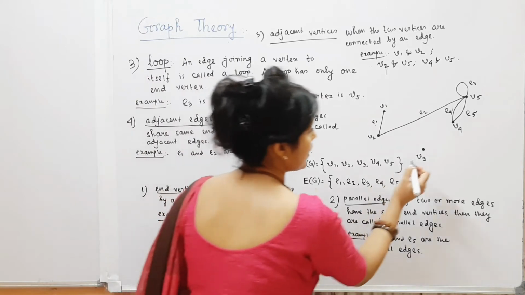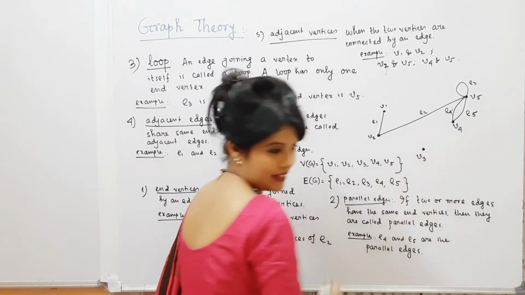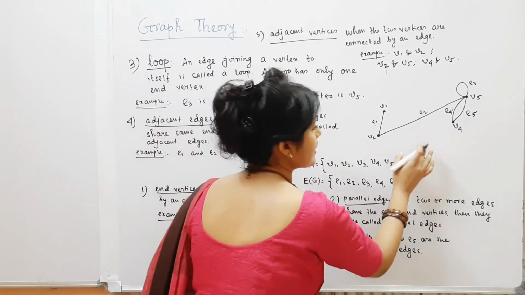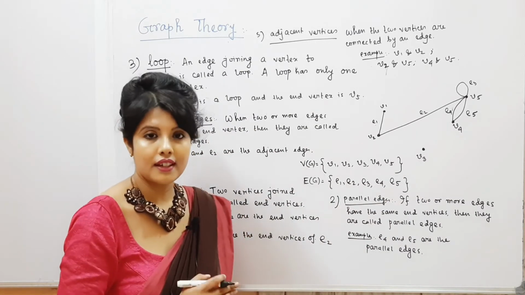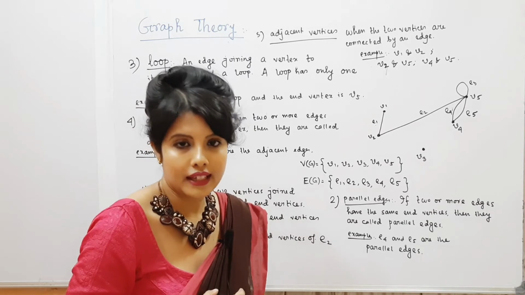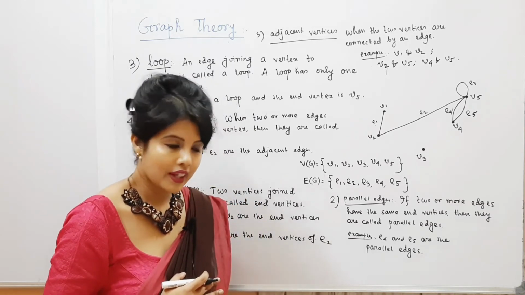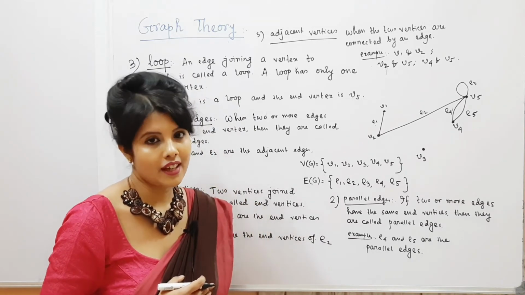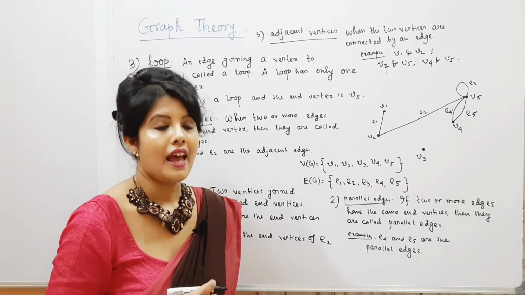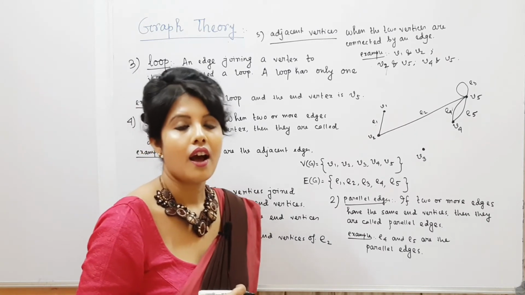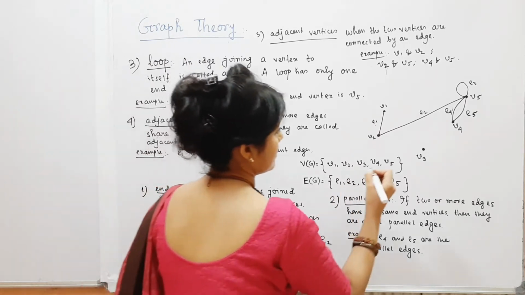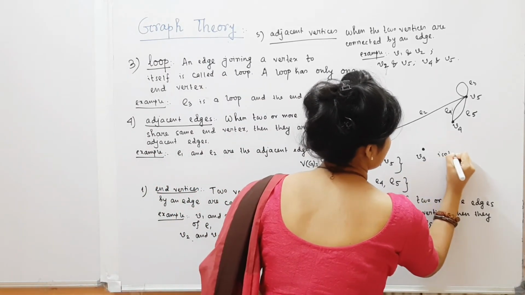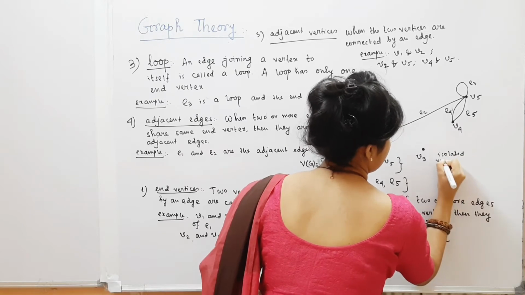And look at the vertex, that is V3, okay. So no edge is associated with V3, right? So V3 is not the end point of any edge, okay. So therefore V3 has also a special name, and this kind of vertex is called isolated vertex, okay. So I am writing here the isolated vertex.